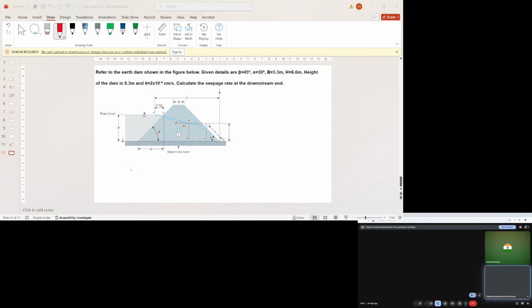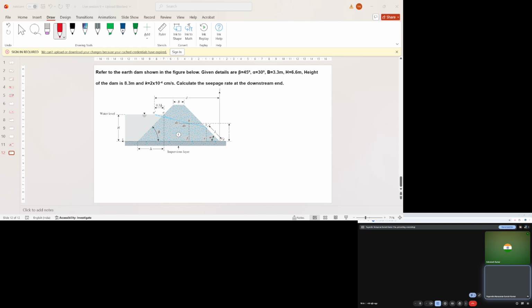So tan alpha is equal to 8.3 by y. So y is equal to 8.3 divided by tan 30. How much are you getting? 14.37 meters, right? Any doubts? No, sir.